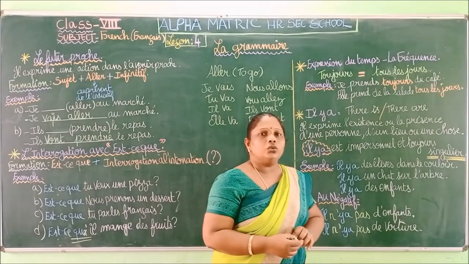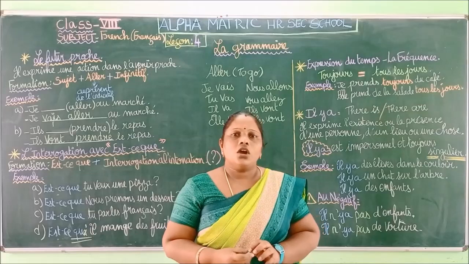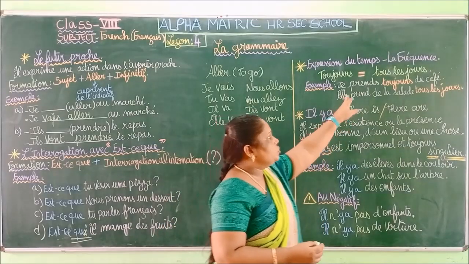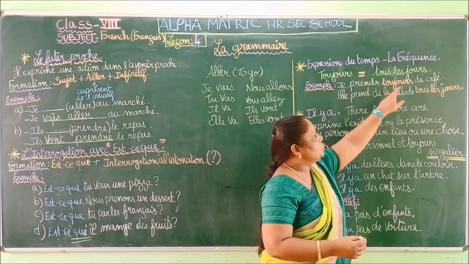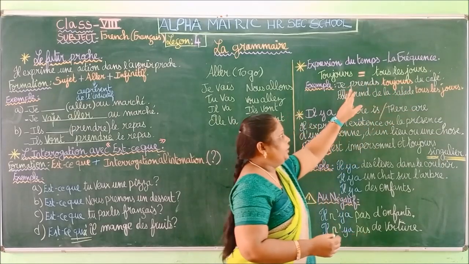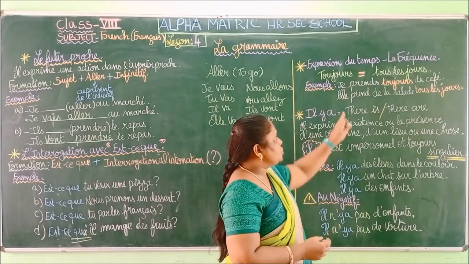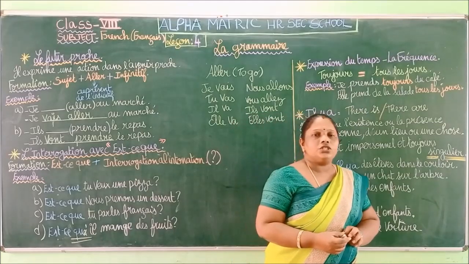So here you can see one example. Je prends toujours du café. I always take some coffee. So toujours, it is inside here. Je prends toujours du café. So next one. Elle prend de la salade tous les jours.